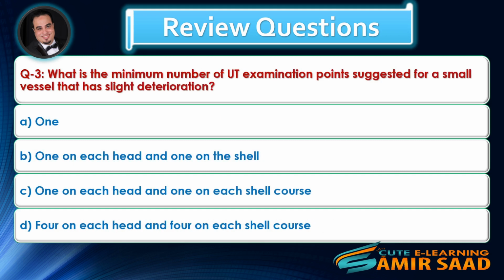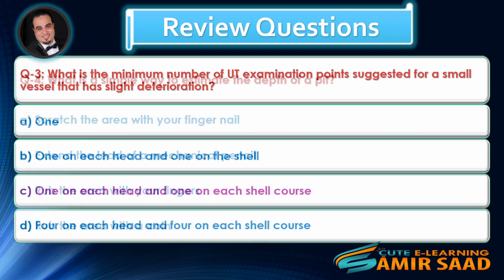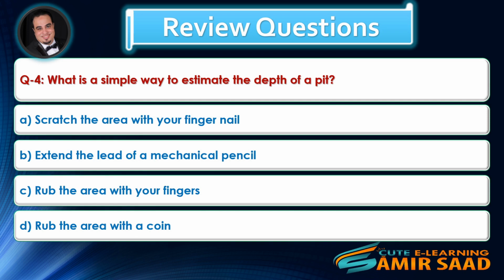Question number 3. What is the minimum number of UT examination points suggested for a small vessel that has slight deterioration? Answer is C. Question number 4.